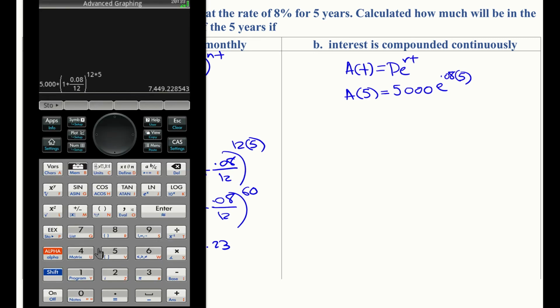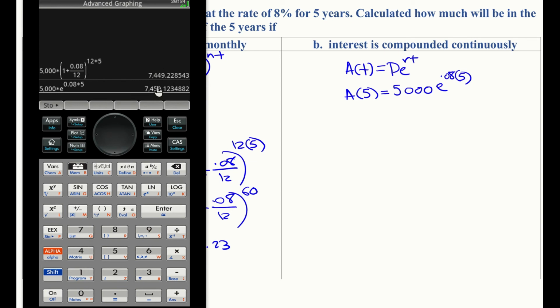So let's see what we get when we type that into a calculator. Okay, so we're going to type in 5,000 times E, which is shift ln, remember, or second ln on some calculators. And now we're going to type 0.08 times 5. Enter. So there it is. Notice, in this case, a $10 difference. Just because the initial investment wasn't that small, you know, 5,000 is not nothing, but usually it comes out even less than that.